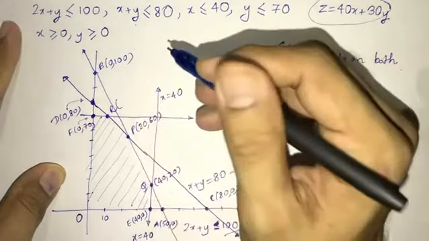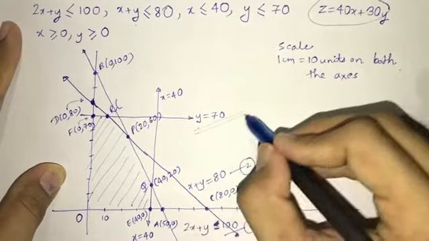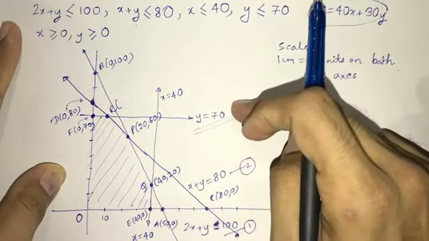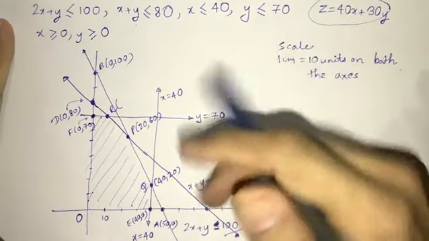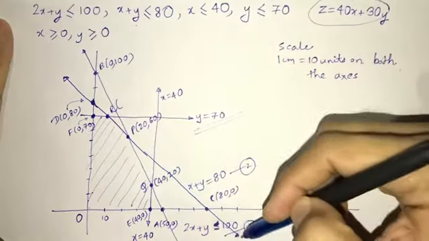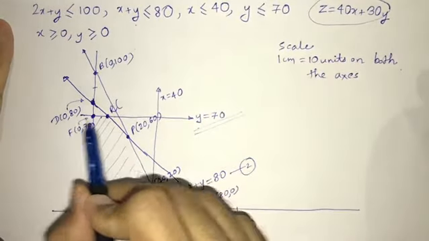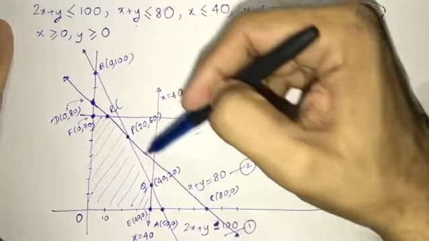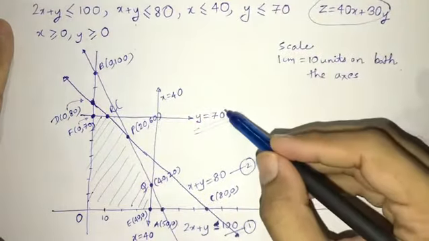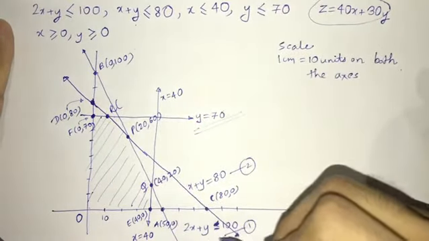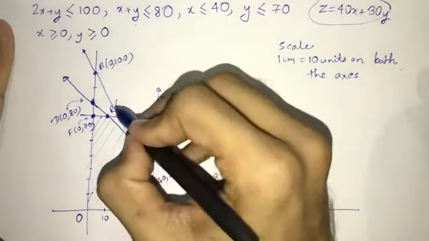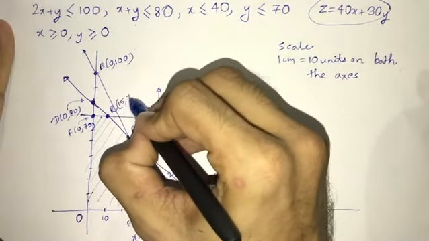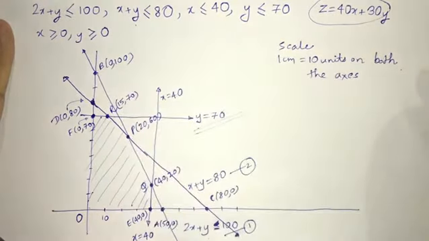What will be the value of R? You have to use y is 70 in the equation 2x plus y equal to 100. Putting y as 70, we get 30, so x is 15. That gives (15, 70).